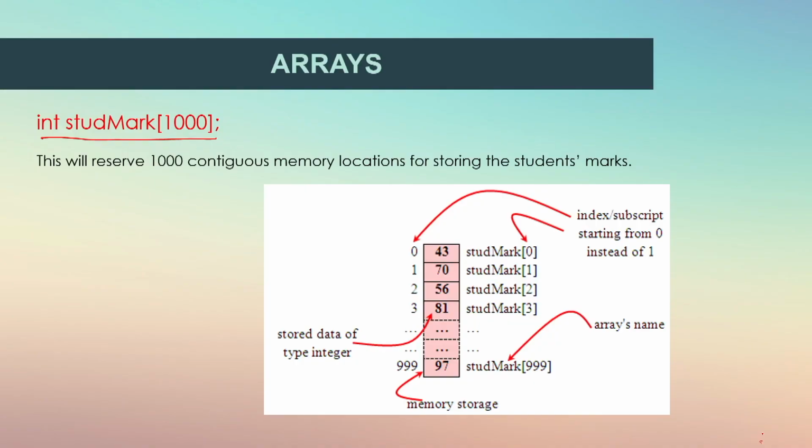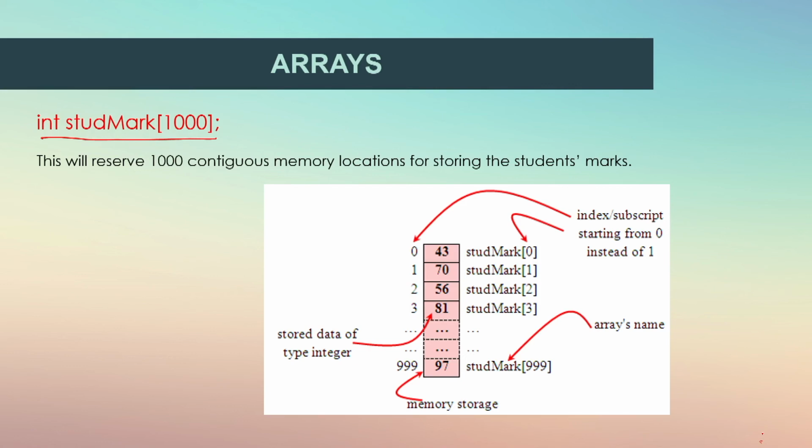So, for storing the marks of 1000 students, we can create a single array with the name studMark having 1000 elements of storage. So, this will create 1000 contiguous memory locations and every student's mark is stored in each location.